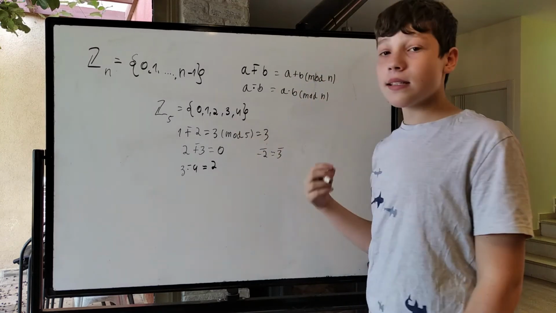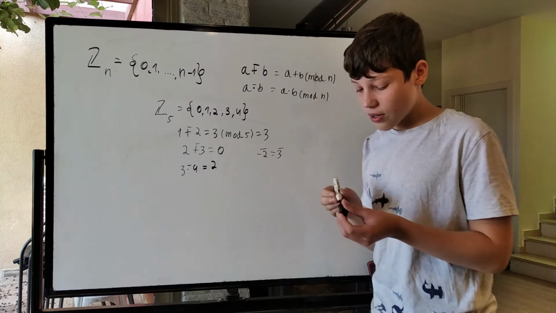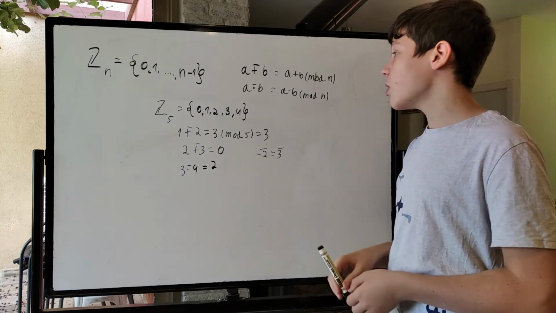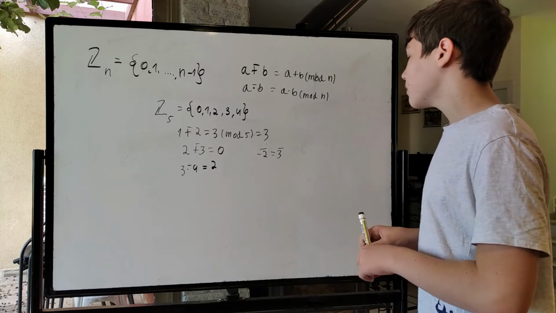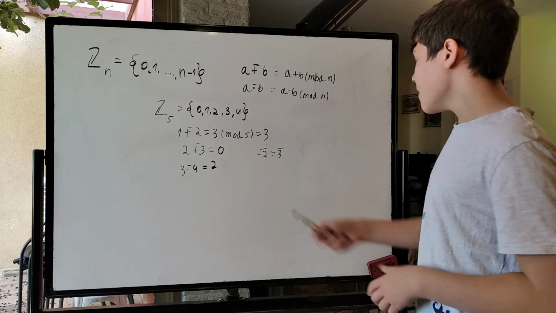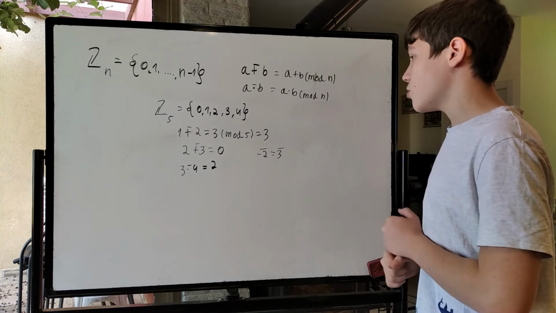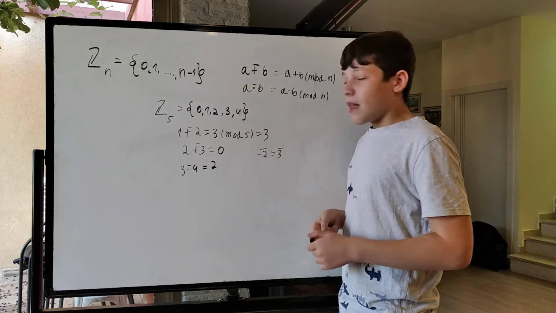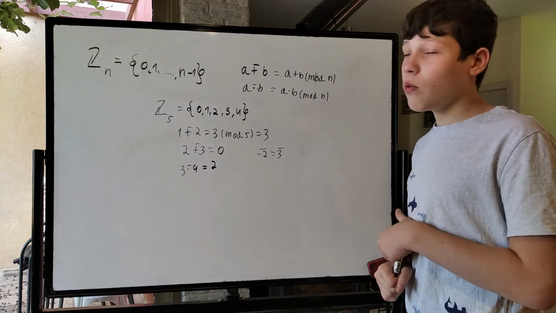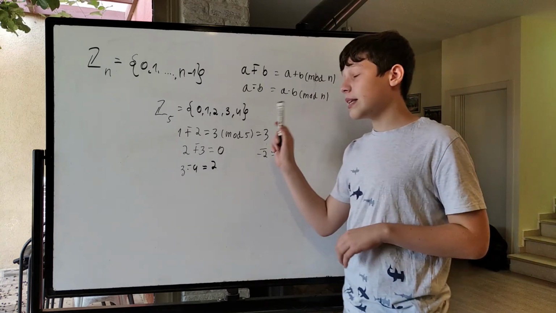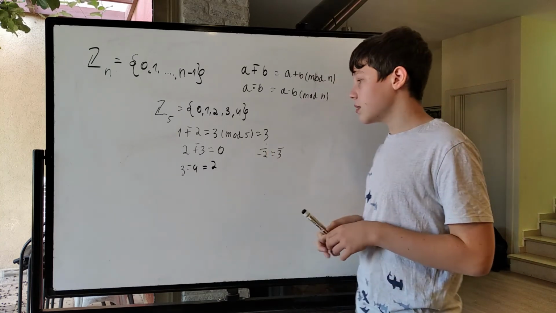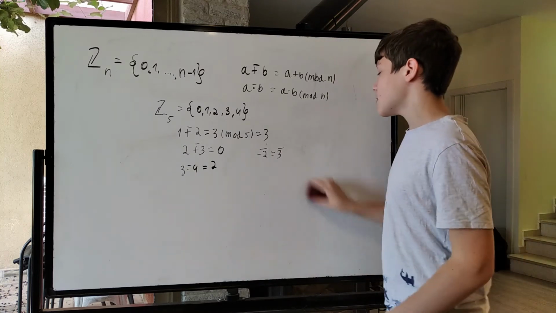So again, this doesn't lead to any contradiction that the product of two numbers gives a smaller one, because we didn't define any big or small. So this also does not lead to any contradictions. And you can check 1 by 1 or by 5 is prime or whatever you want. Z5 is a field.